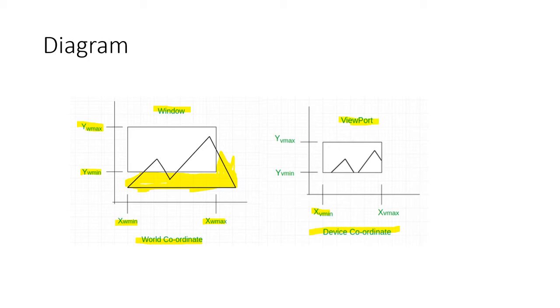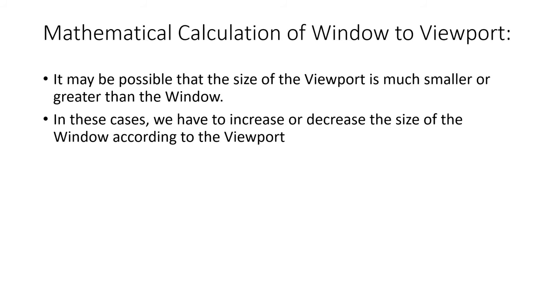So now we have discussed the theoretical part of the window to viewport transformation. We need to discuss the mathematical calculation, how we can do the transformation from window to viewport.